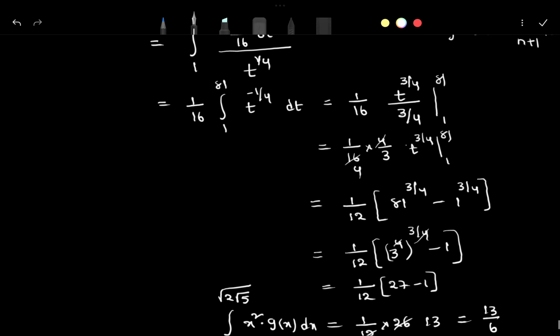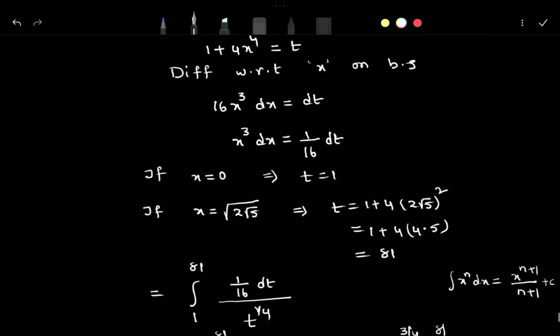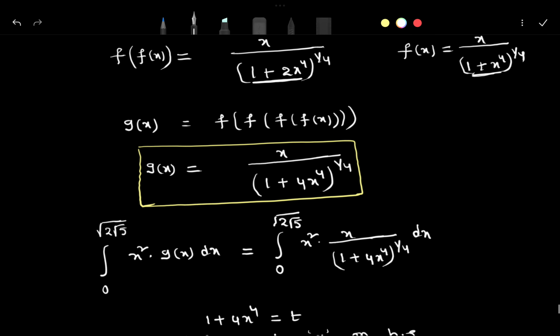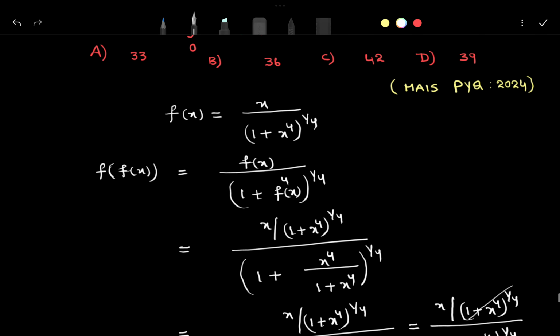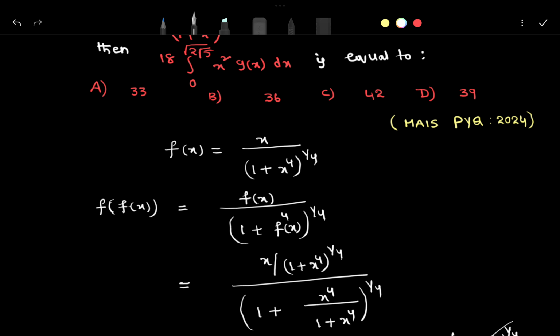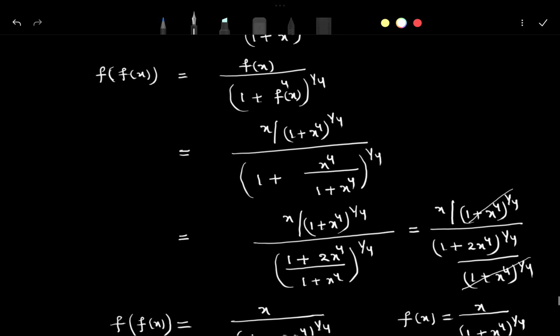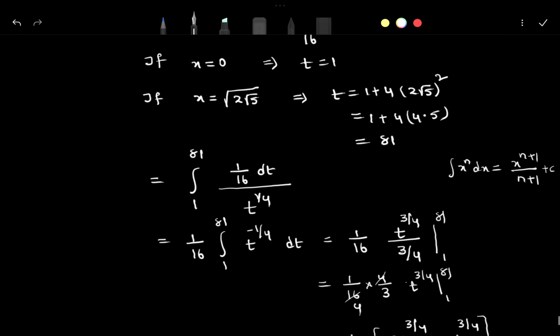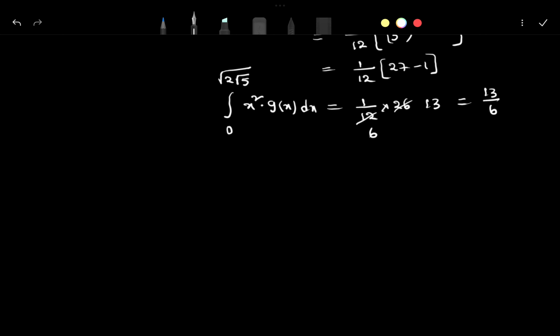But actually in this question we have 18 into the integration from 0 to square root of 2 root 5 of x^2 g(x). So multiply with 18 on both sides.